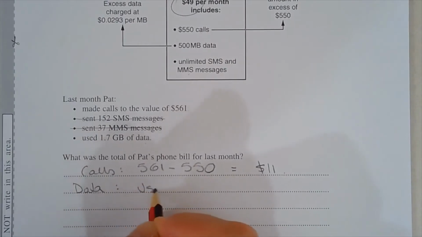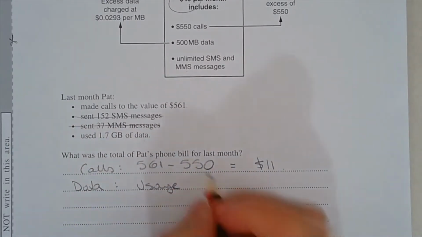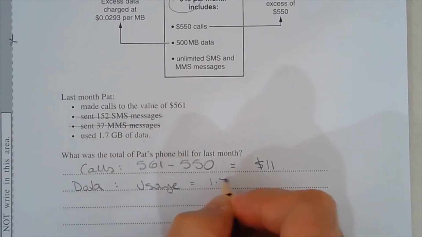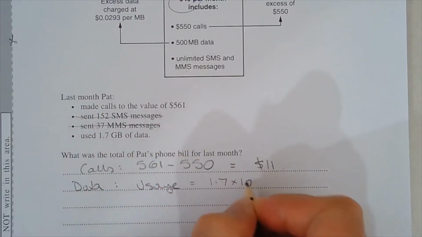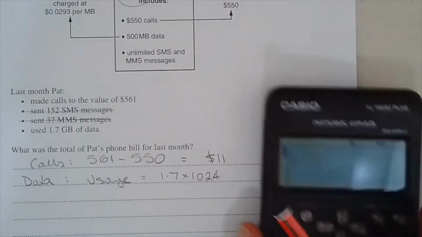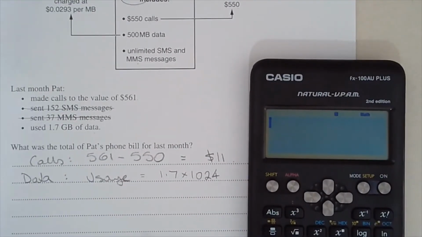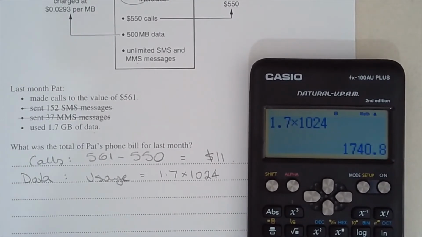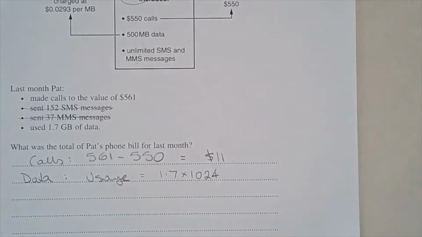So usage is equal to, now we need to convert this into megabytes. So it's 1.7 gigabytes, and we multiply that by 1024. That will give us 1740.8 megabytes.